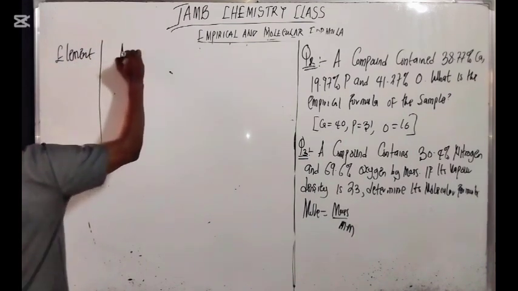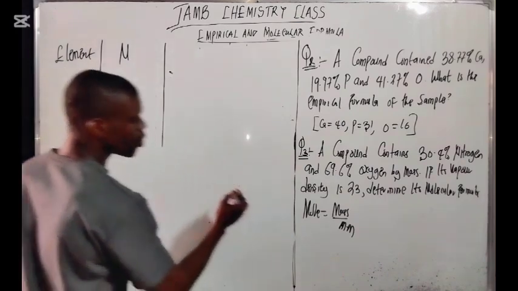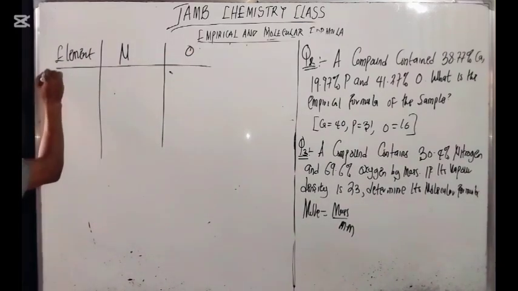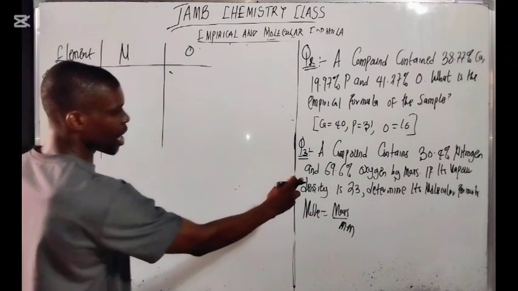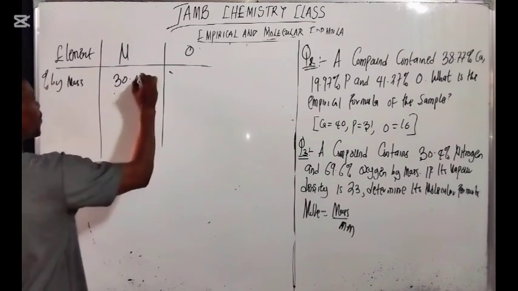So elements, here we have nitrogen. You only use the symbol, and oxygen, right? So percent by mass, here we have 30.4.